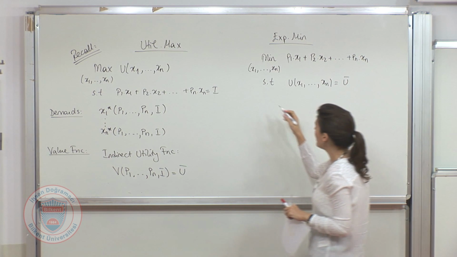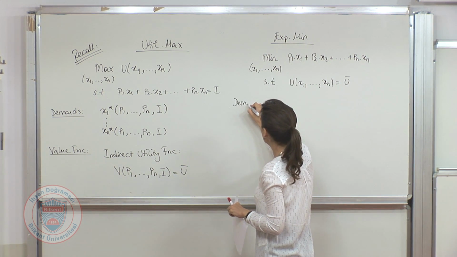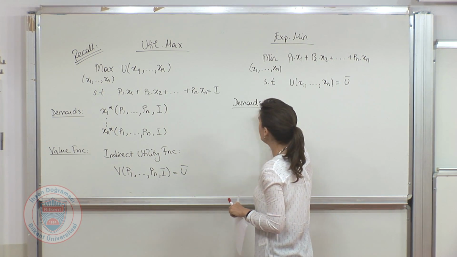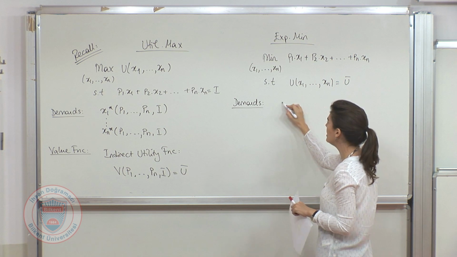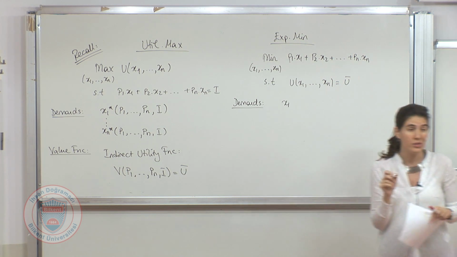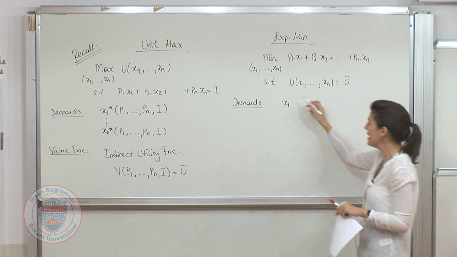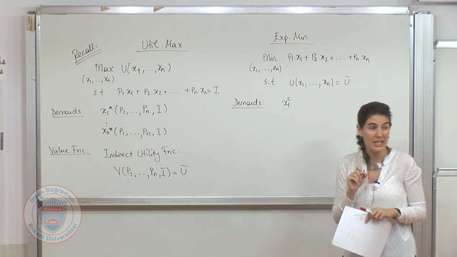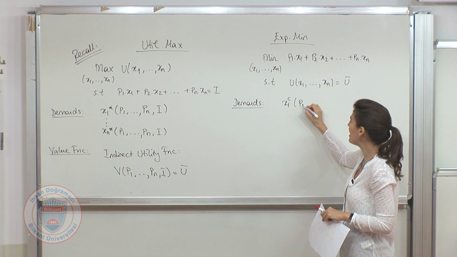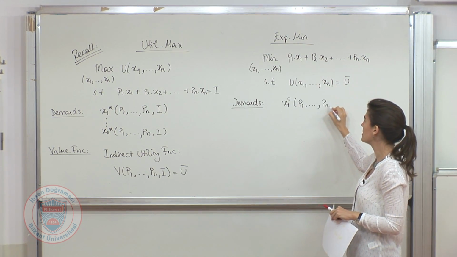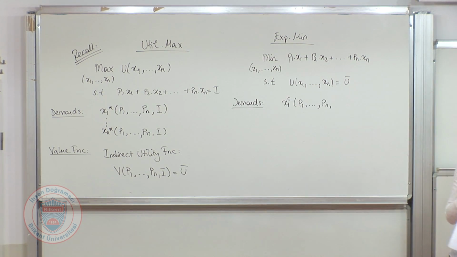Then we have demands in this case, and today let me start naming them like this. I'm going to call them x1c. These demand functions are functions of prices and utility.